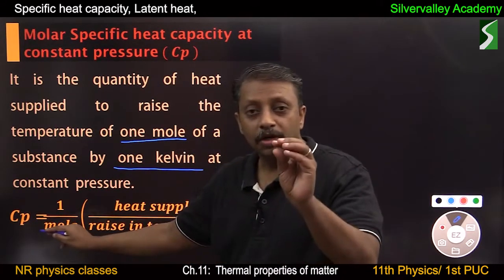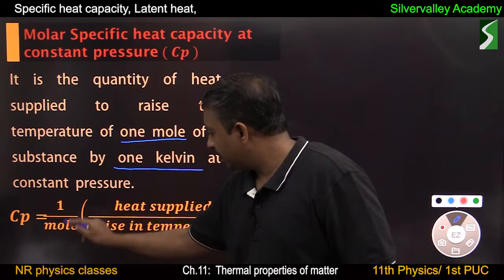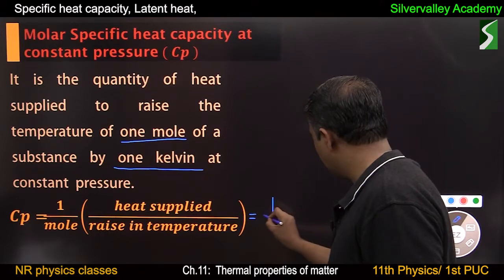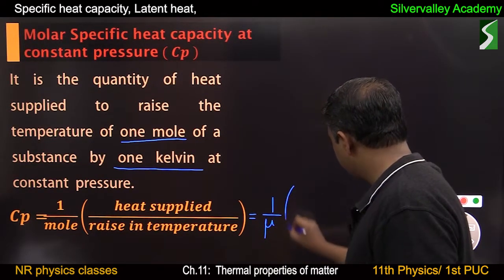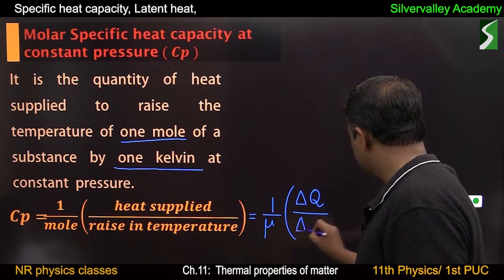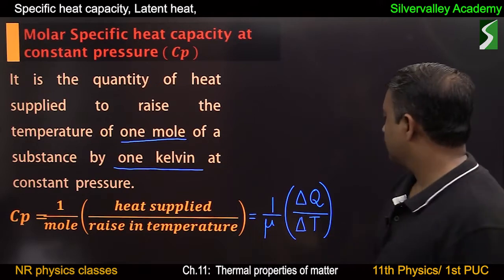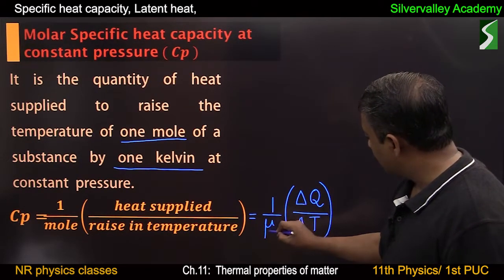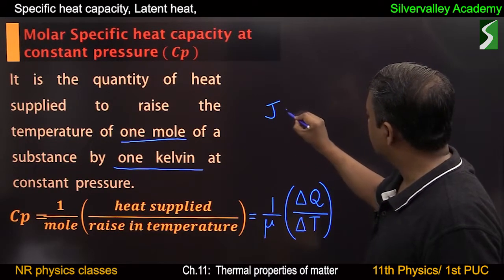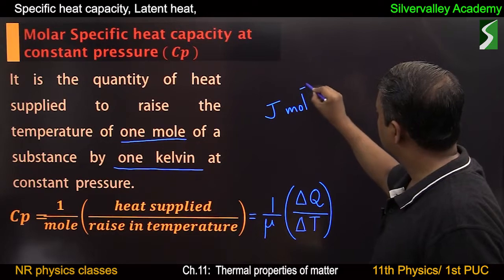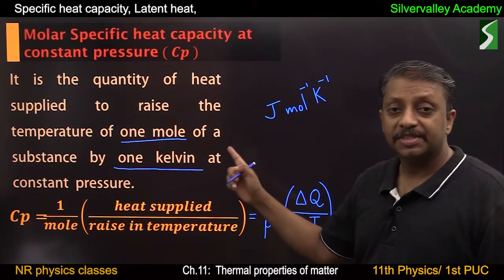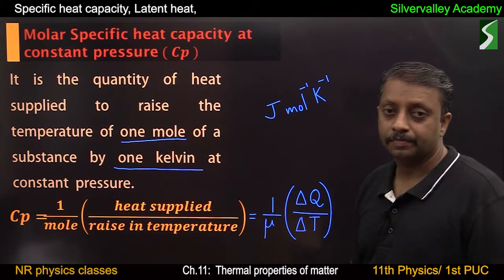Cp, only a change in symbol: 1 by mole into heat supplied to rise in temperature, equal to 1 by mu, just like before, delta Q by delta T. The SI unit is also the same, joule per mole per Kelvin. This is molar specific heat capacity at constant pressure.